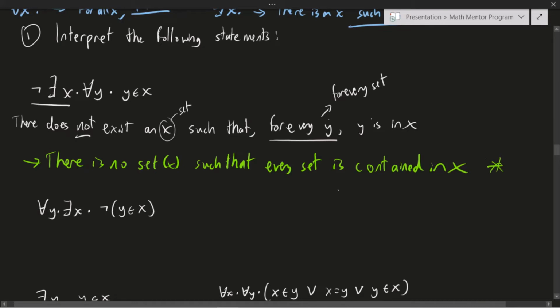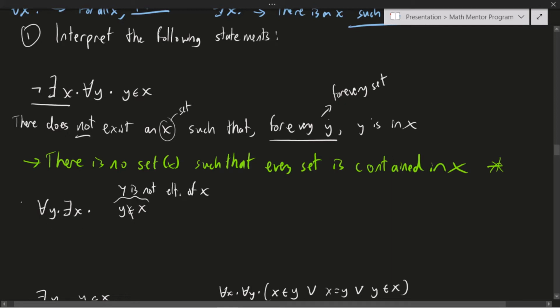Here's another one. For every Y, there is an X such that it is not the case Y is in X. Let's simplify this a little bit. If I want to say not Y is in X, maybe I can rewrite that as Y is not an element of X. That makes it simpler.